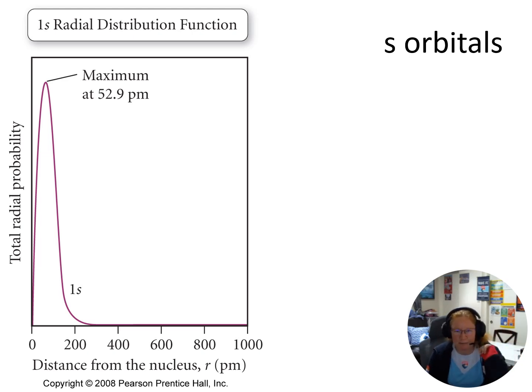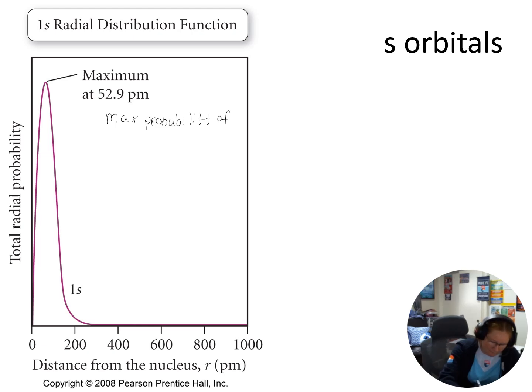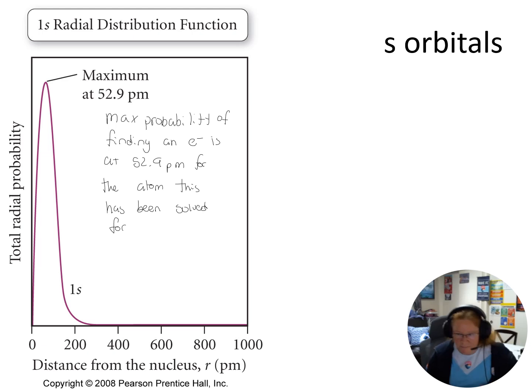For this 1s orbital, for this particular atom that we have solved the Schrodinger equation for, we have the maximum probability of finding an electron at 52.9 picometers. So that's what that means.